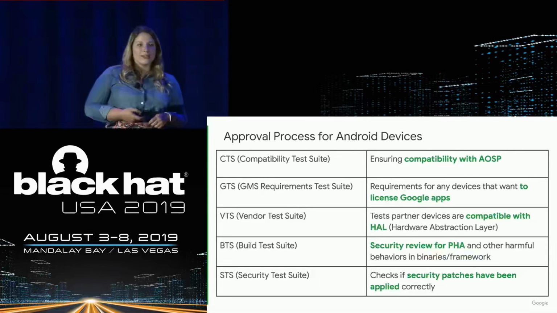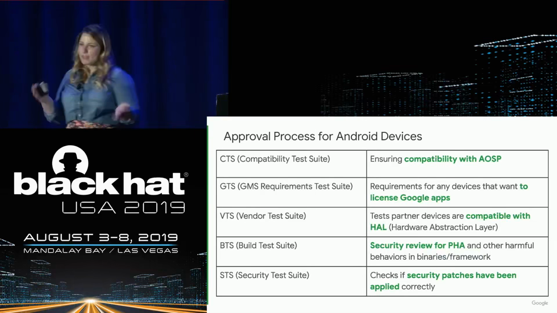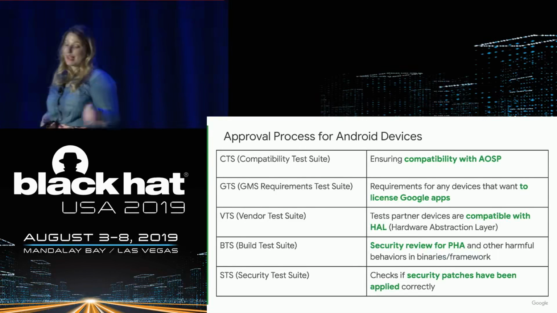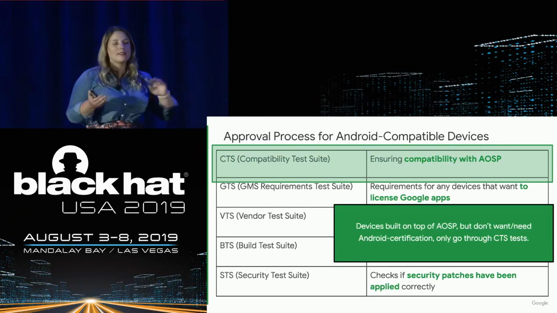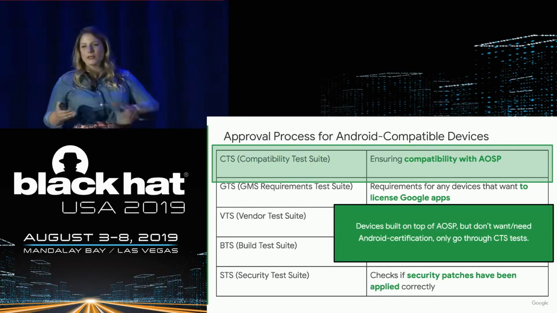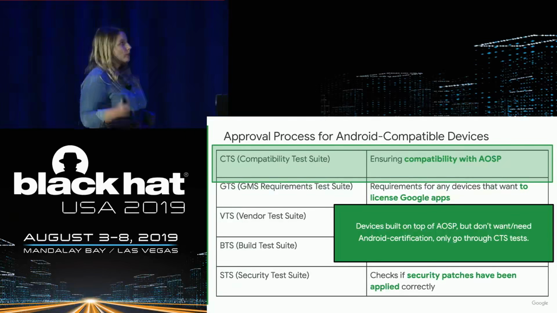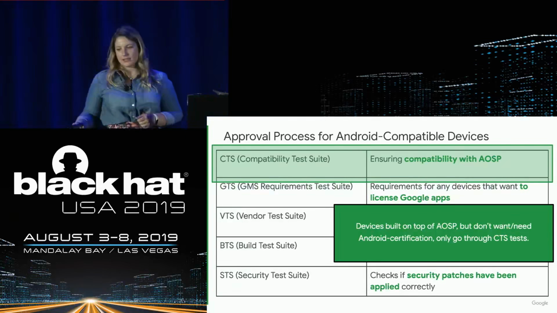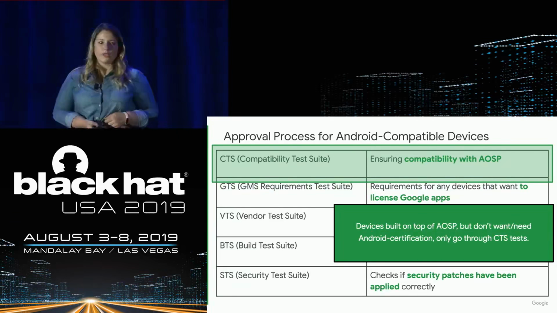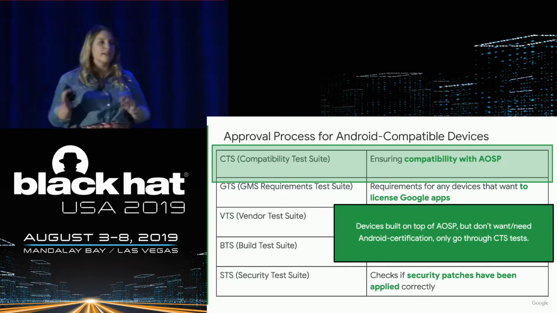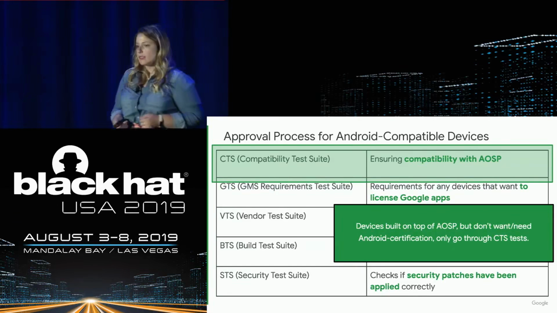So this is all the different test suites that are currently included in the test approval process for Android certified devices. The devices like the Amazon Fire tablets, which just want to be built on top of AOSP, only really need to go through the CTS test, the compatibility test suite. Things like that are updated yearly with each Android release. And the main security tests within CTS are the SELinux policy tests.